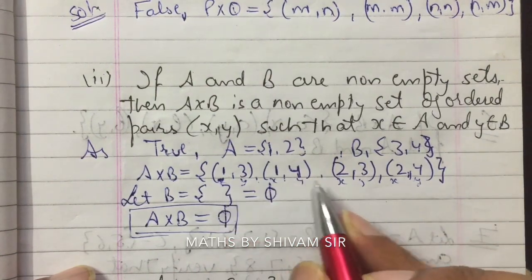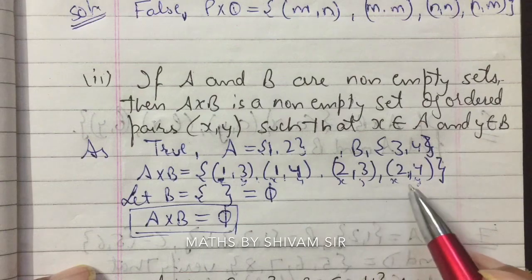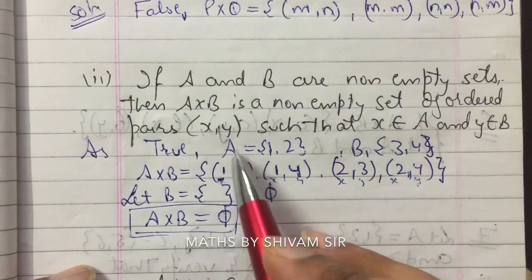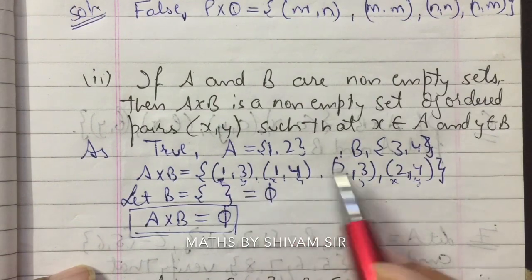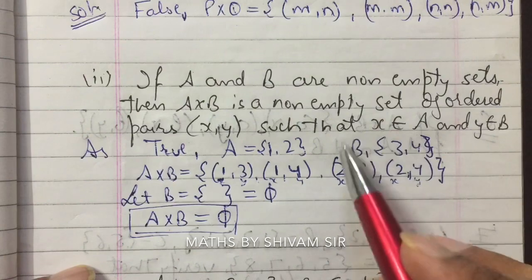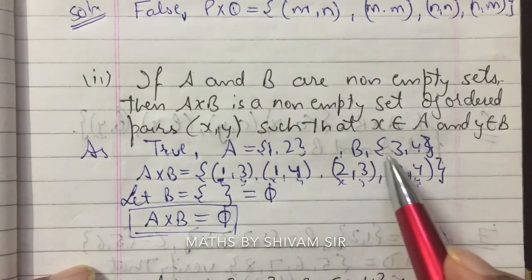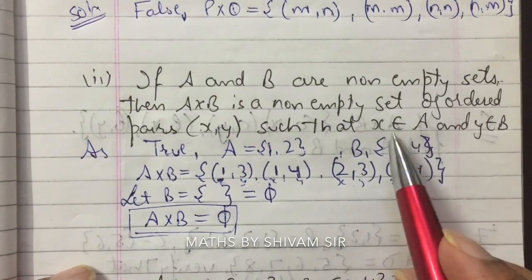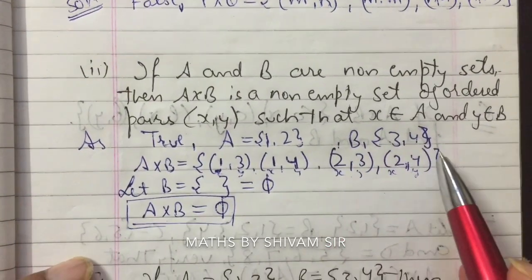The elements which are written first belong to the first set, and the elements which are written later belong to the next set, B set, right? So y is 3, y is 4, so y belongs to this B set. So this is true, x belongs to A and y belongs to B, right?